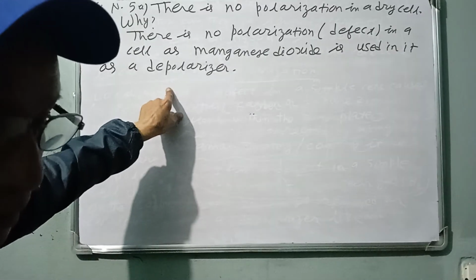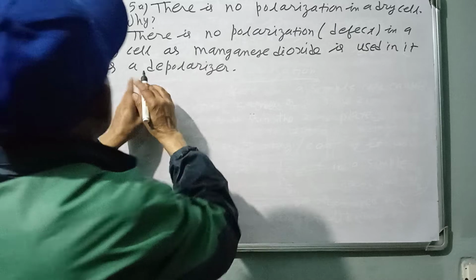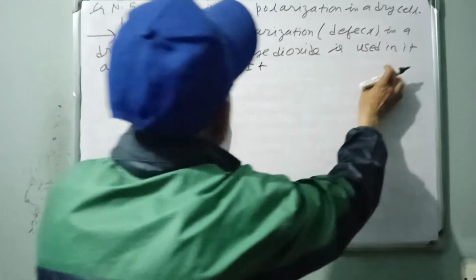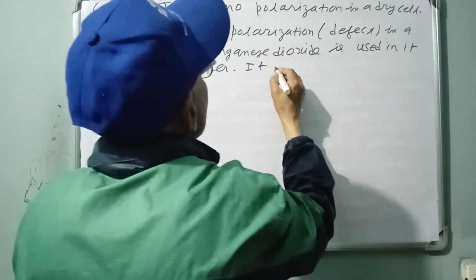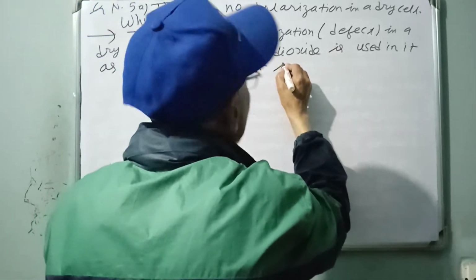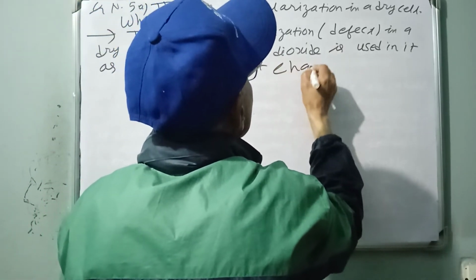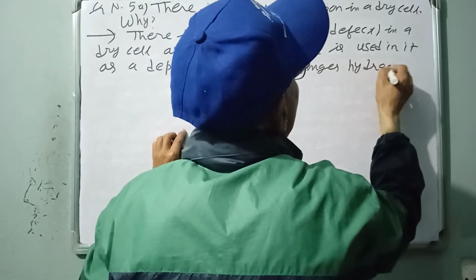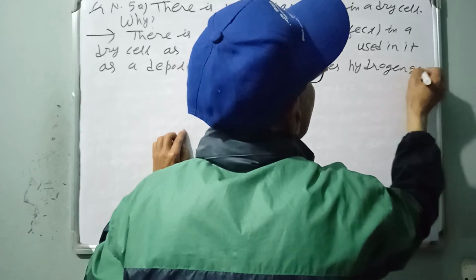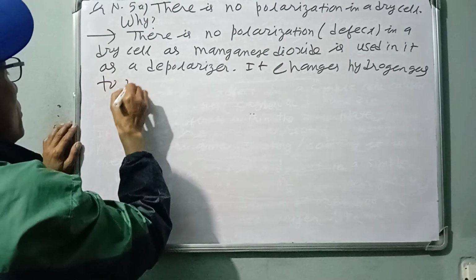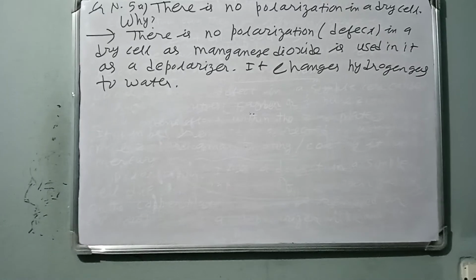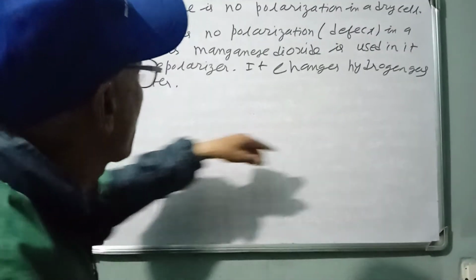As a depolarizer, this manganese dioxide changes hydrogen gas to water. It changes hydrogen gas to water.